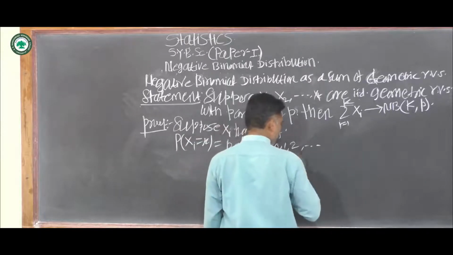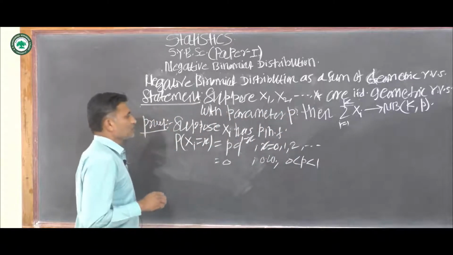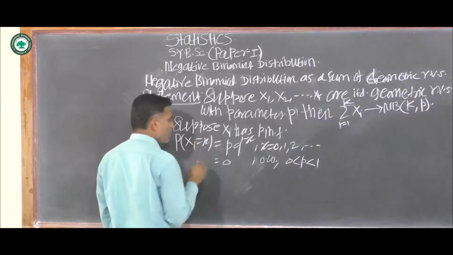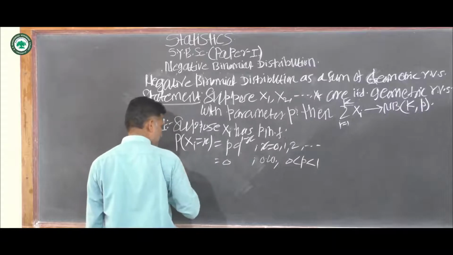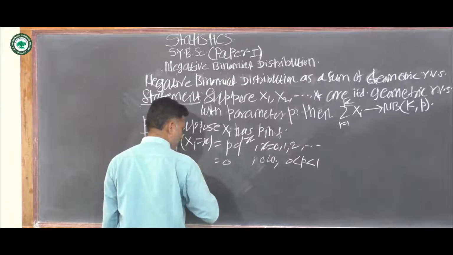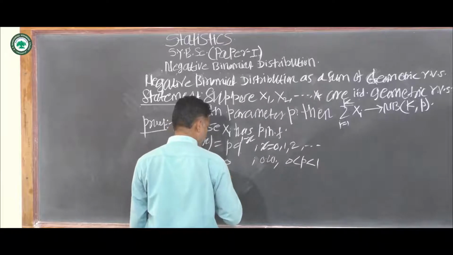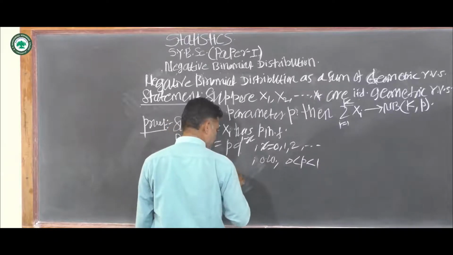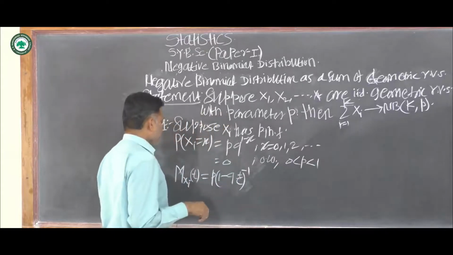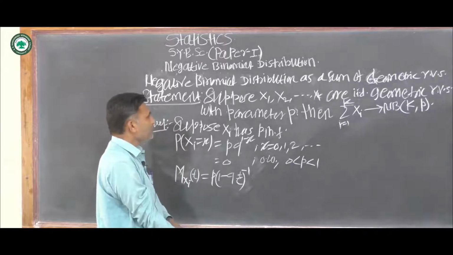Here p lies between 0 and 1. This is the probability mass function of a geometric random variable. Now we know that the MGF of this geometric random variable is M_xi(t) is equal to p into (1 minus q into e raised to t) raised to minus 1. This is the moment generating function of a geometric random variable.